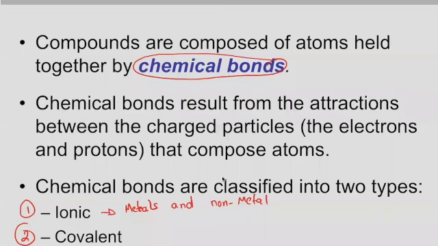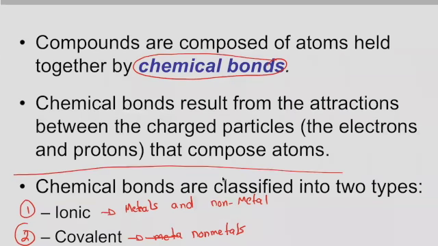Covalent bonds are going to form between non-metals. And we're gonna get into them. We're gonna dive a little bit more so we can understand it. If you understand these two bonds, it's going to make your life very, very easy.